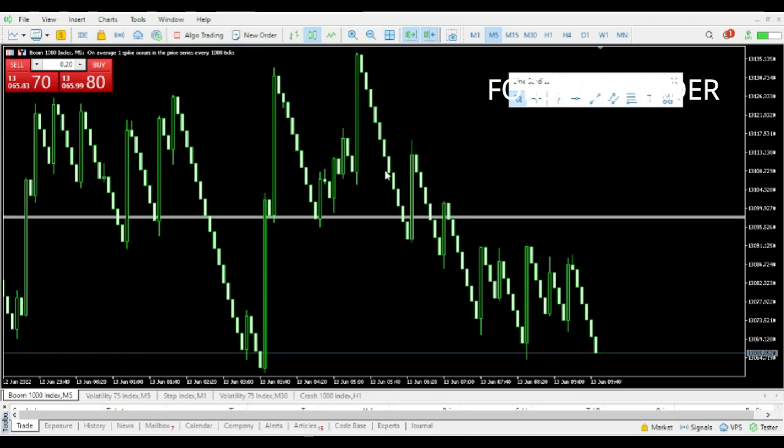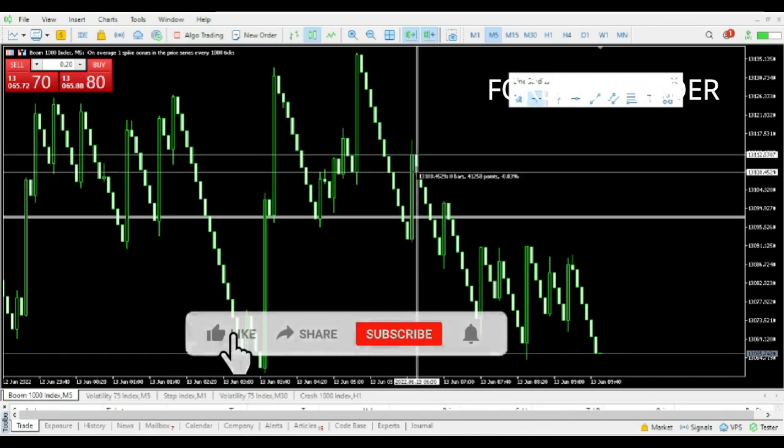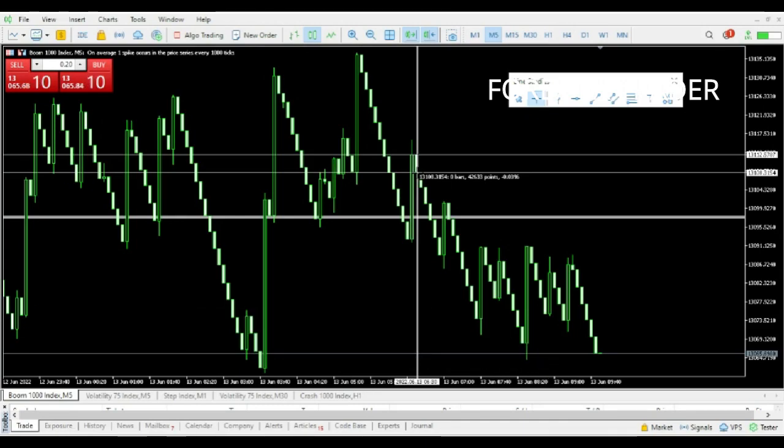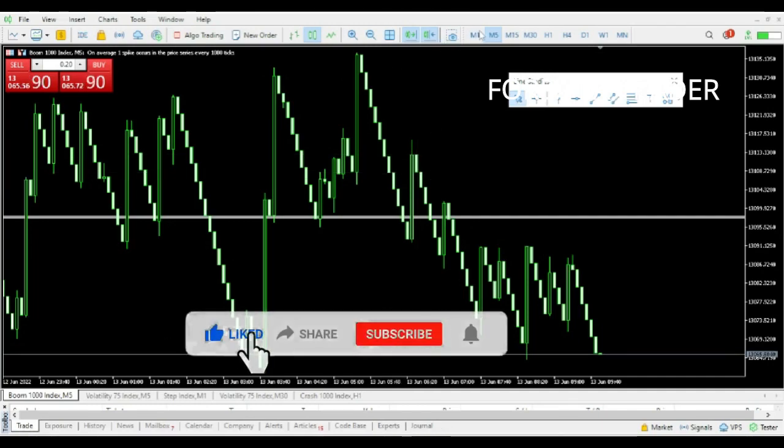We cannot guarantee whatever is going to happen afterwards, but at least this first candle, let's hope it's guaranteed. So we just want to have an idea of the average size of that candle in points or pips. There we can see this candle is actually around 40,000 points. So that's the knowledge that you want to have.